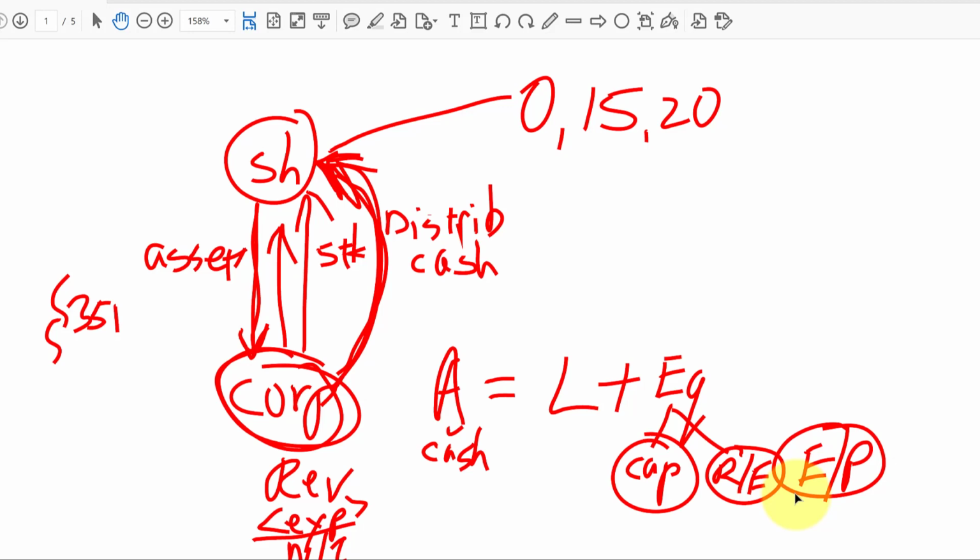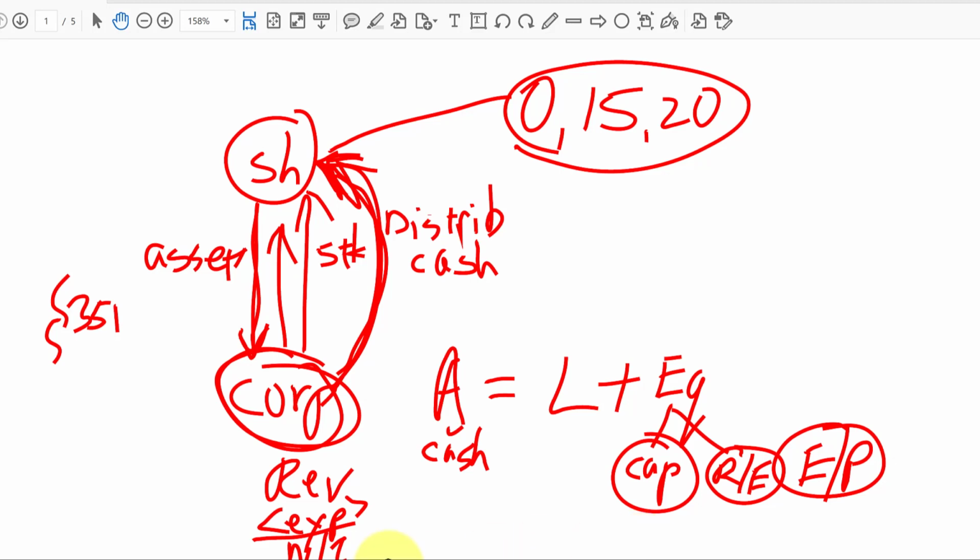And if they get more than their basis in their stock, their capital, then any excess is going to be taxable as a capital gain. And again, capital gains long term, same rate as the dividend distributions, usually preferred rates.